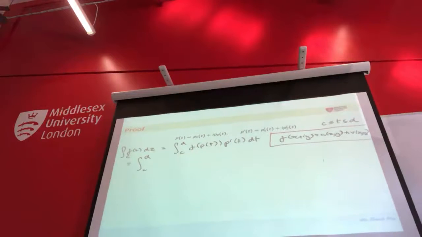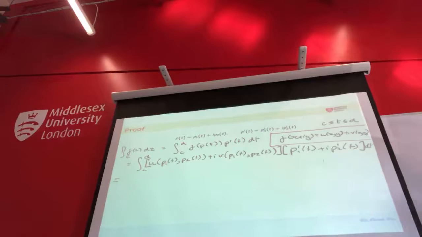So if I want to work out what f of p of t is, that is u of p1 t, p2 t plus i times v of p1 t, p2 t. And I'm multiplying that by the derivative, which is p1 dash of t plus i times p2 dash of t, dt. And again, this is just complex numbers.